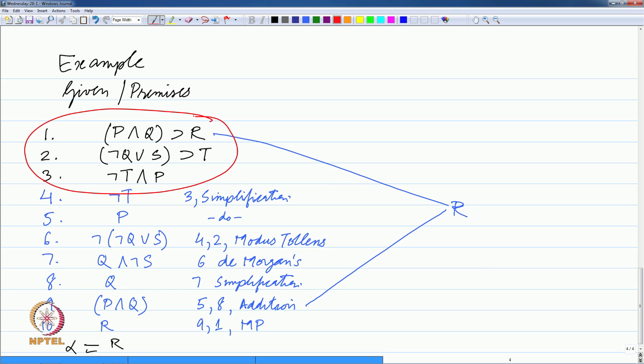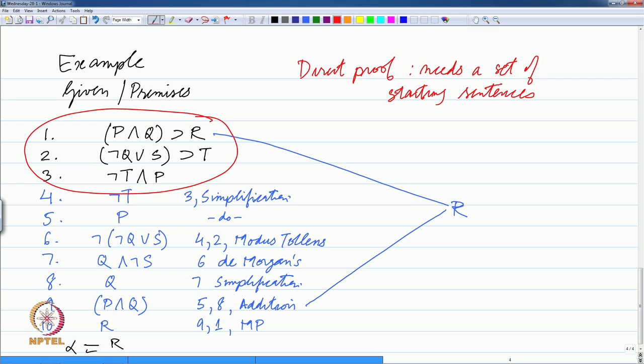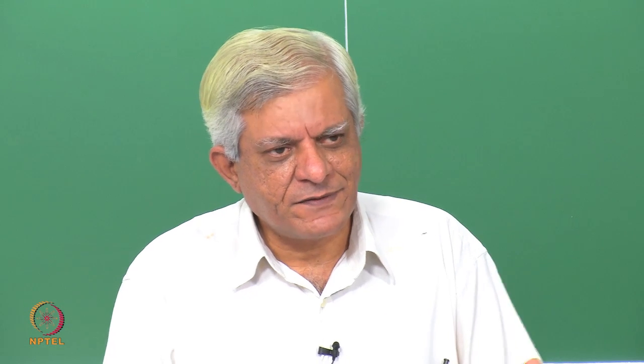So, one requirement of direct proofs is that it needs a set of starting sentences, because if you remember, the application of a rule says pick some rule with some matching data. Where is the matching data? It must be there in your knowledge base essentially. So, you must have some knowledge base to start with, to which you can apply these rules.